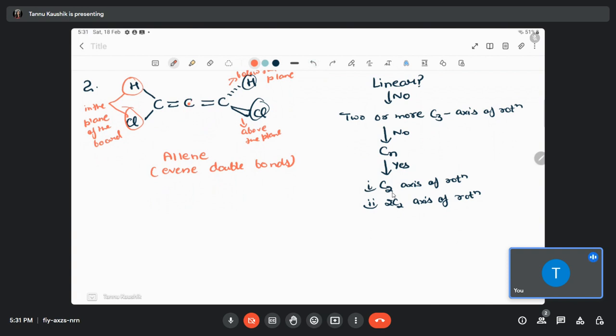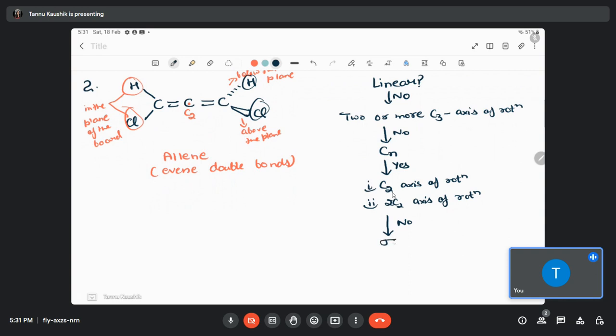Please find it out, like visualize it. The C2 axis of rotation is present in this molecule. Then we don't have other two C2 axes perpendicular to this C2. So we have only one C2 axis of rotation here. So this condition is not fulfilled.